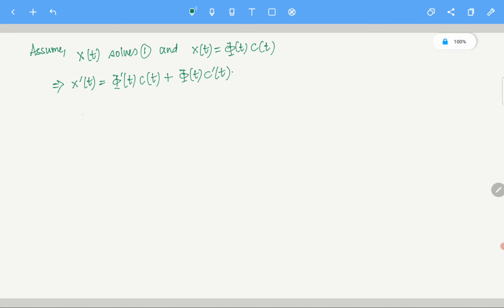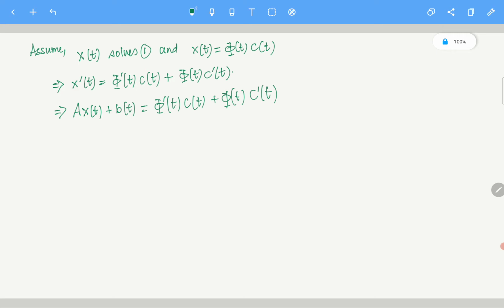Now see, what is x prime of t? It is A of t x of t plus b of t, right? And that is equal to phi prime of t times C of t plus phi of t times C prime of t. Clear?